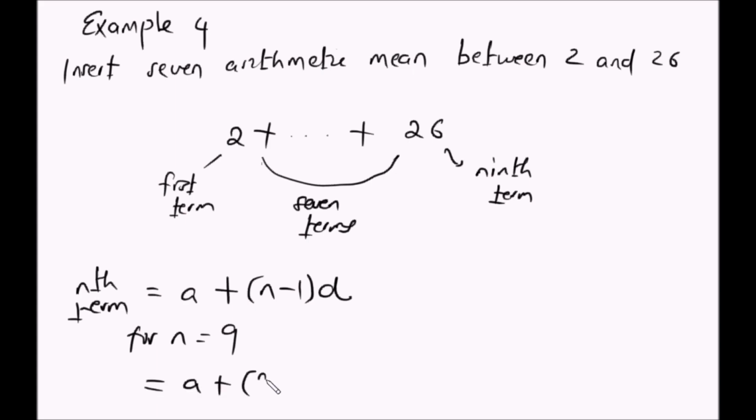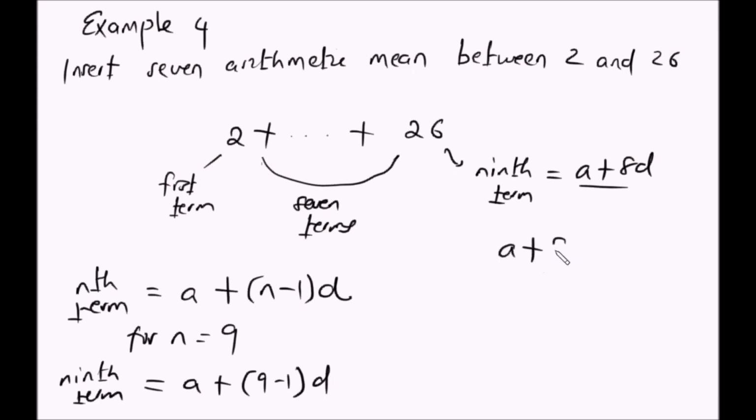A jumlisha 9 toa 1 d. So for 9th term, 9 toa 1 ni ngapi? Ni 8. Kwa hiyo itakuwa ni a plus 8d. So hii a plus 8d ni sasa na nini? 26.